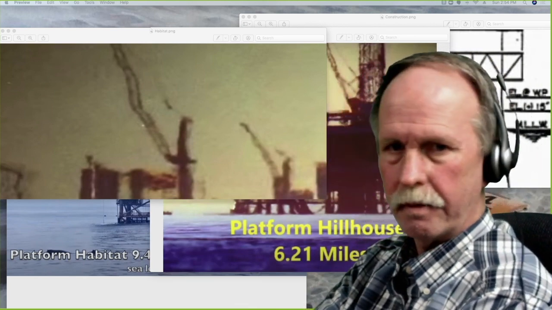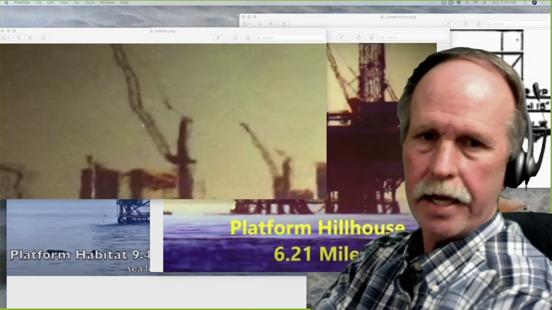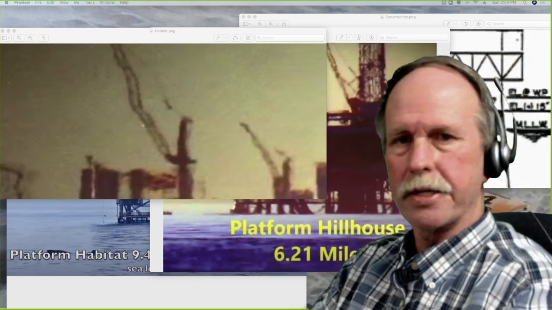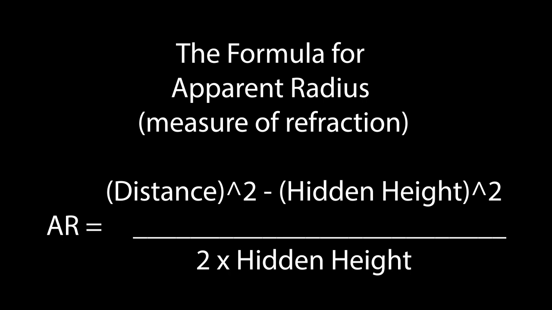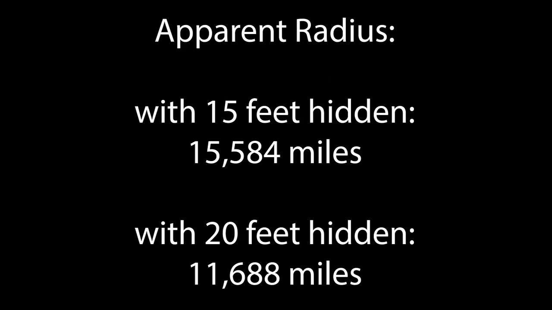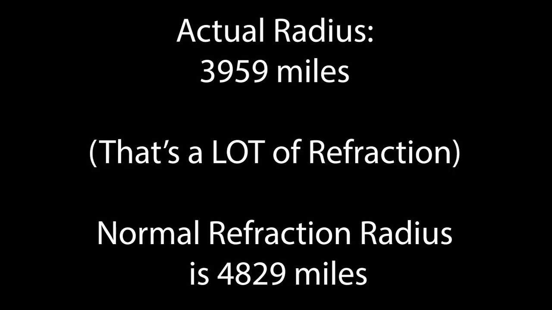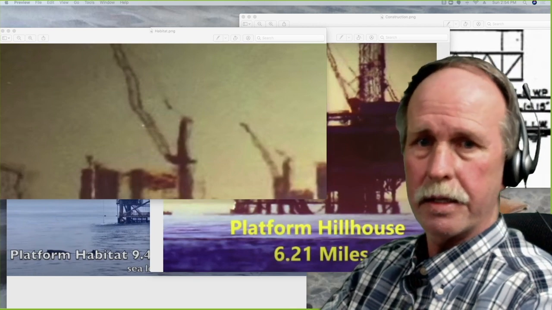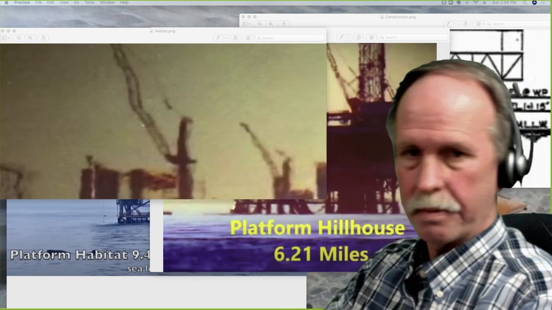For example, I can take that and calculate what the apparent radius of the Earth is, and then compare it to the radius of the Earth obtained by other means.